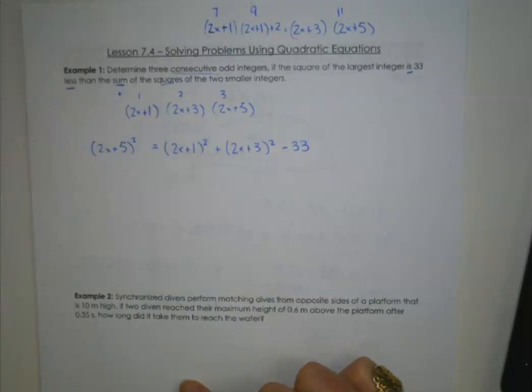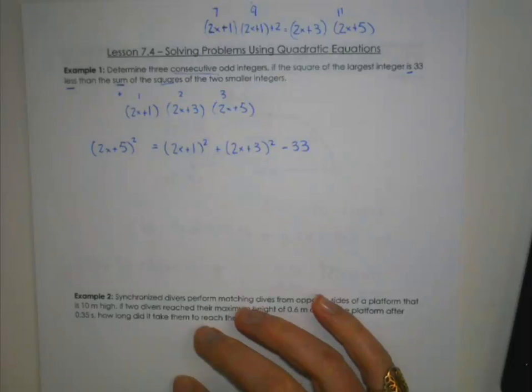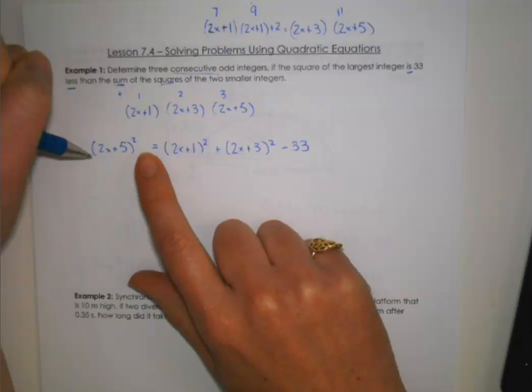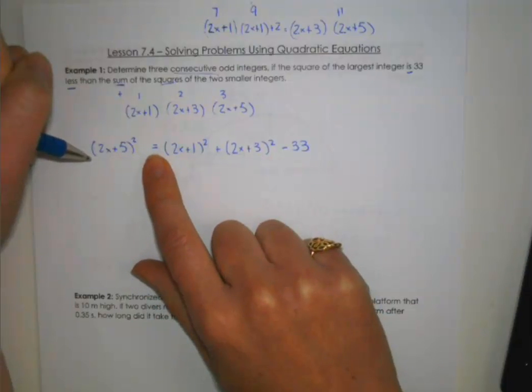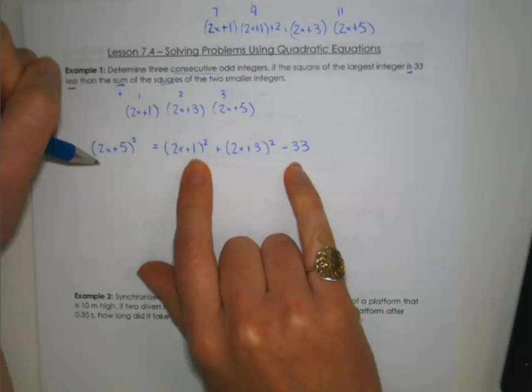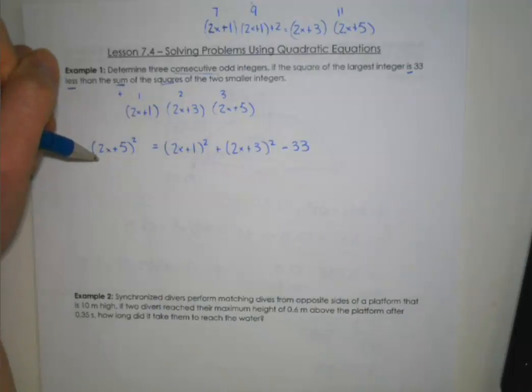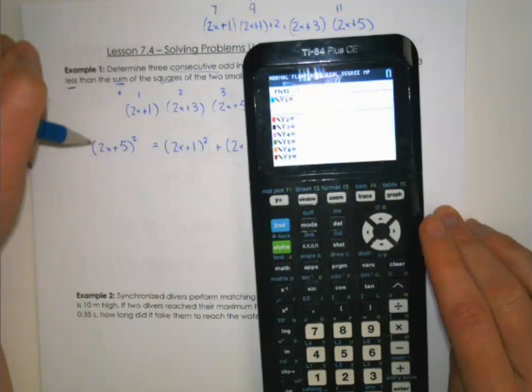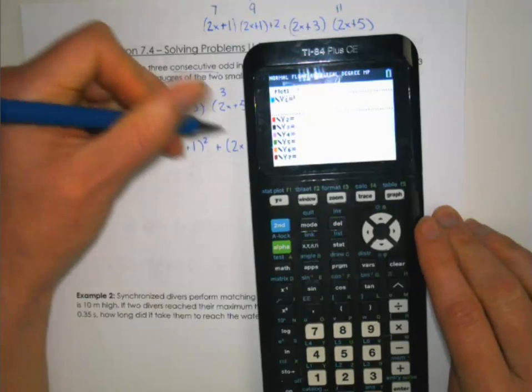You have several options. If you want, you can simplify it so that you can work with it a little easier. The other option, if you remember, we talked about what to do if you have an equation with an equal sign between two sides and both sides are quite complex. The easiest way we learned to deal with that is to go into your graphing calculator and enter one side as one graph and the other side as the other graph.